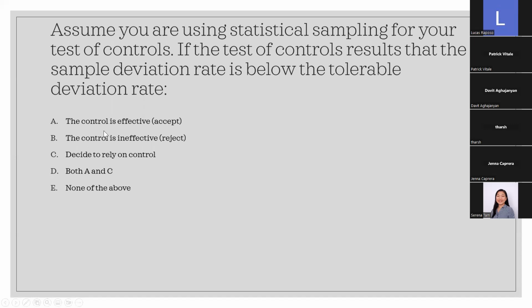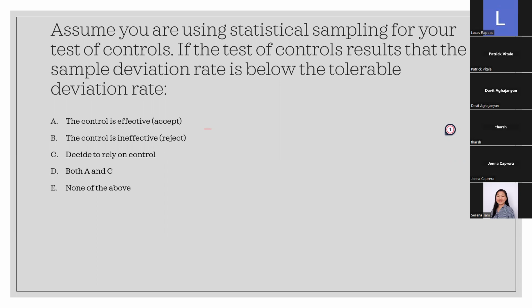Assume you're using statistical sampling for your test of controls. If the test of controls results that the sample deviation rate is below the tolerable deviation rate, then the control is effective, you accept. The control is ineffective, reject. You decide to rely on control.